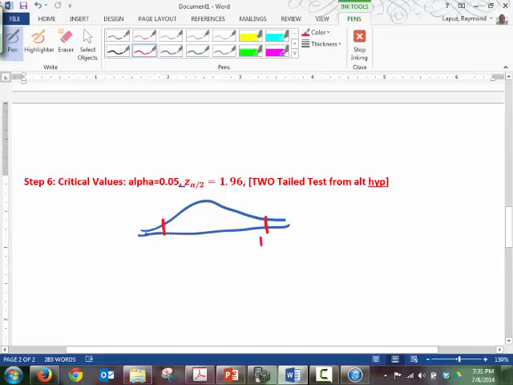I know that 1.96 is on the positive side, and that this is a z distribution, which means it has a mean of 0 and standard deviation of 1. So the other tail must have a critical value of negative 1.96, and my critical region would be on the tails.